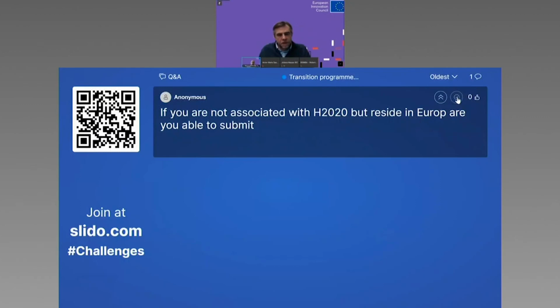So maybe the question was put forward by somebody who lives in Europe, but who has a nationality of a non-associated country. If that's the case, if you reside in Europe, then you're eligible for H2020. It's not a matter of nationality. Yes, very good. Thanks for that, Marco.